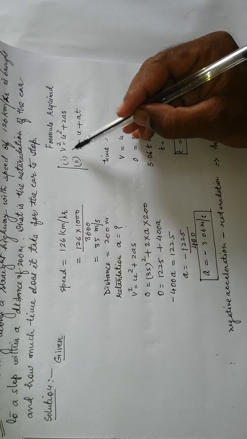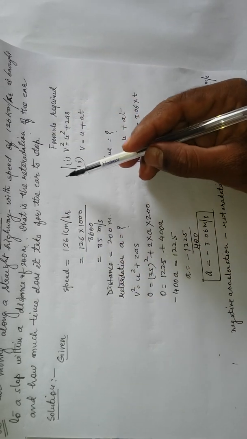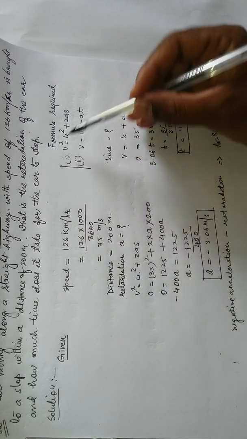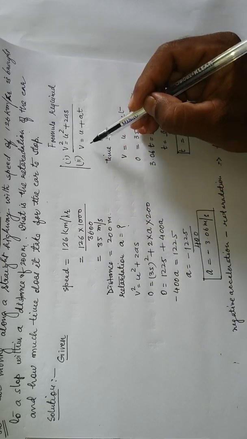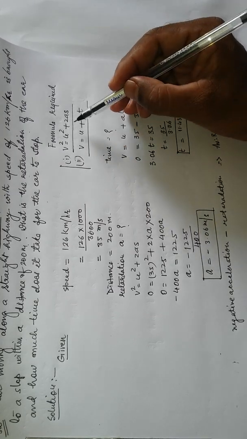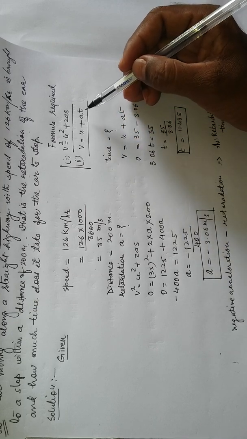So in this question we got the retardation as well as the time for the car to stop. Here we have used two equations of motion: one is v square is equal to u square plus 2as, and the second is v is equal to u plus at.